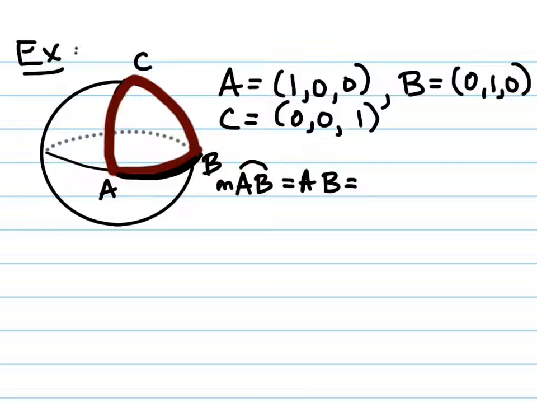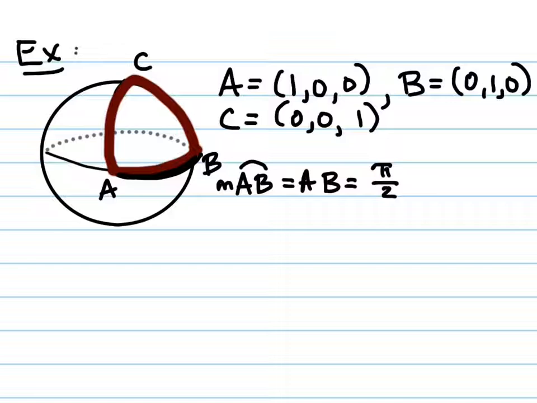What would the angle be? It'd be 90 degrees. And in radians, that would be pi over 2, right? So we're going pi over 2 radians, and because our radius is 1, the length of this would be pi over 2. It's r theta, and theta is pi over 2, r is 1.